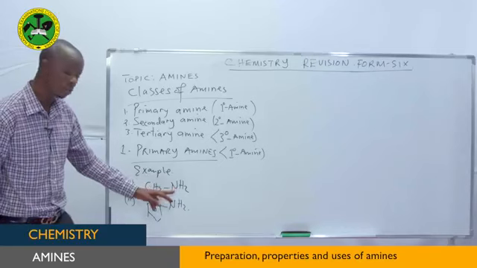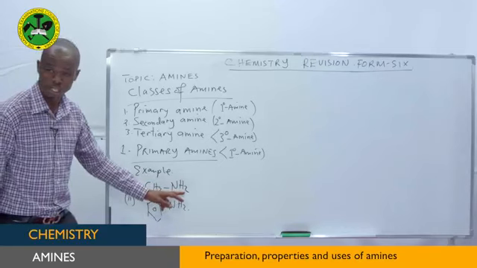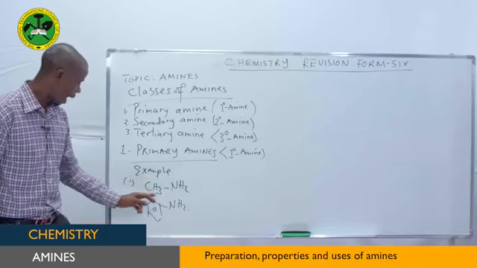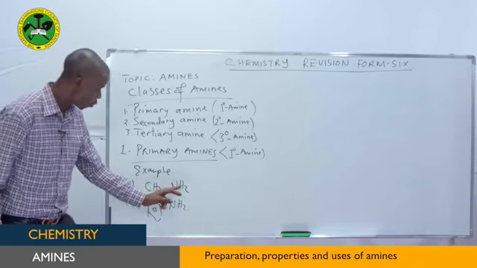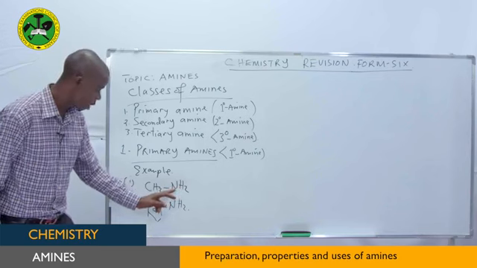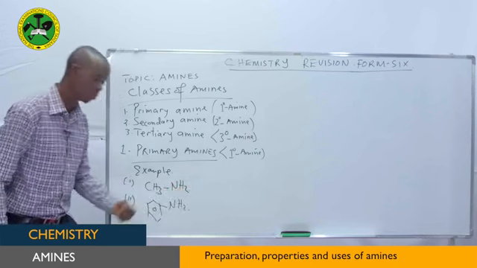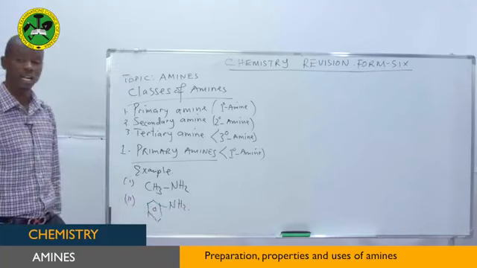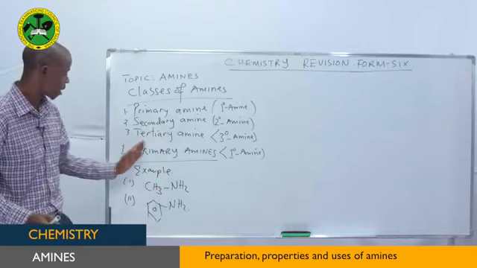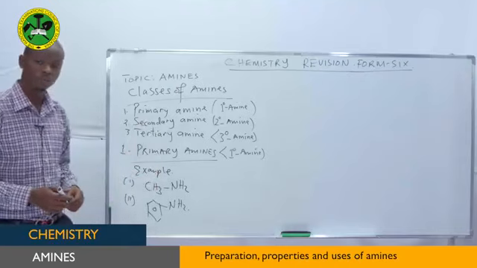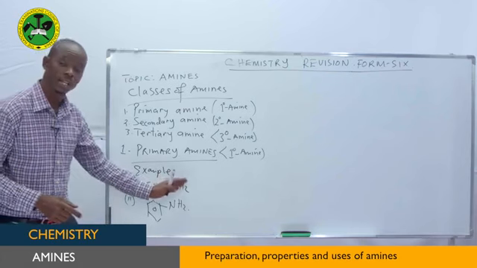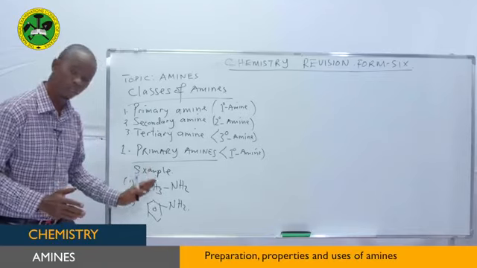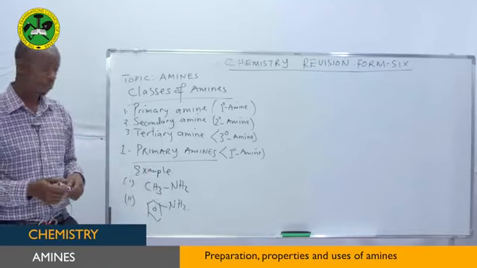You can see the nitrogen atom is bonded only to 2 hydrogen atoms. So that means the alkyl group here has replaced 1 hydrogen atom from ammonia, which means there remain 2. And this aryl group also has replaced 1 of the hydrogen atoms. So we can simply say primary amines are formed when 1 hydrogen atom from ammonia is replaced by either an aryl group or an alkyl group.